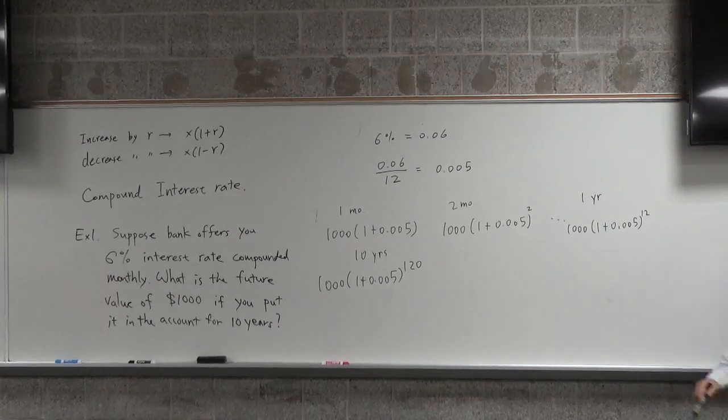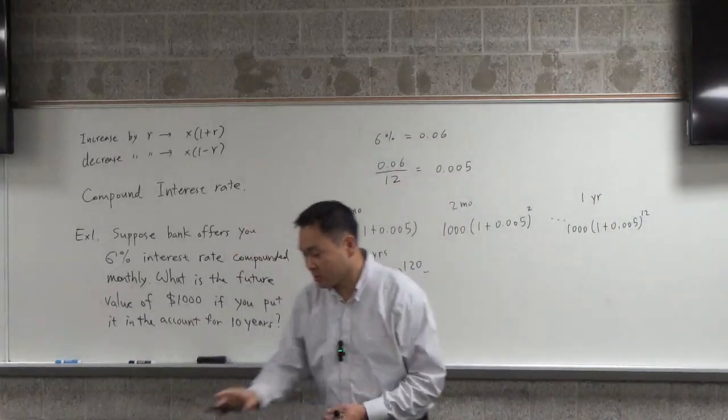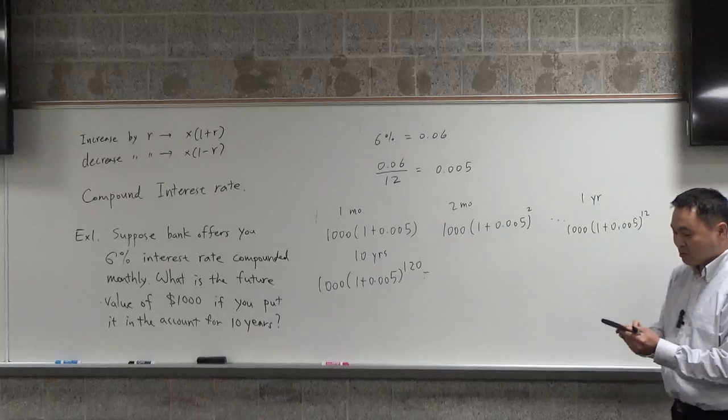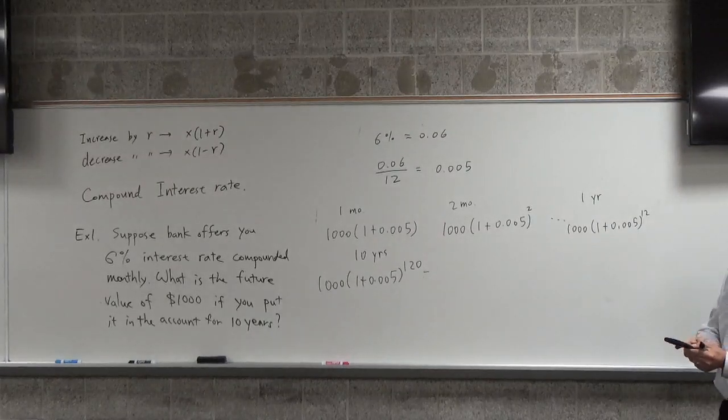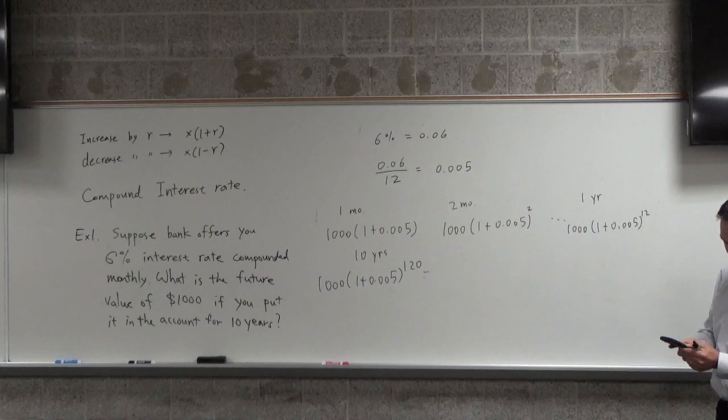All right? Let's do the calculation, see what it does. So I brought my calculator. There are some of these calculations I can't do in my head. So let's see. 1.005 to the power of 120. And then I multiply that by 1,000.